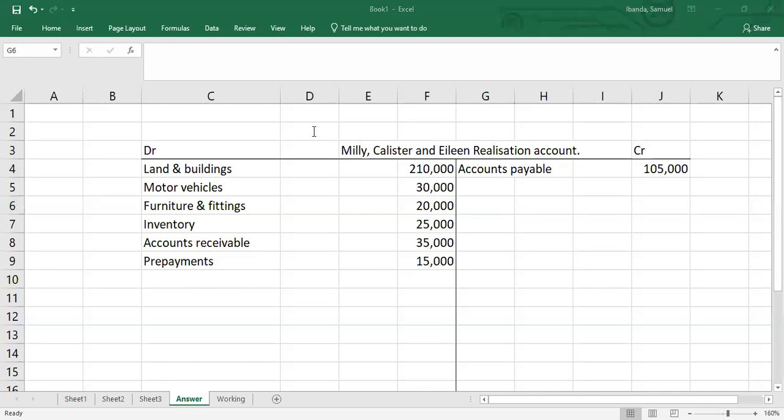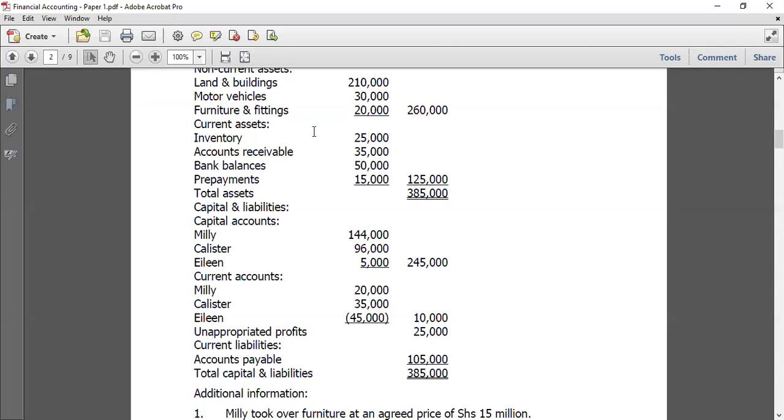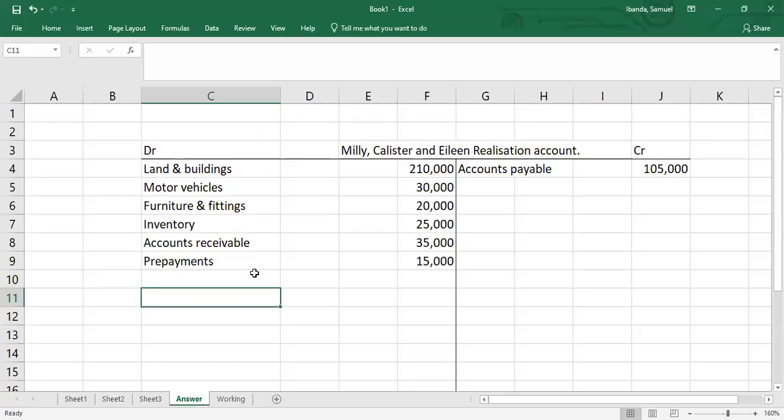So in this case, if they're telling us that this lady so-called Millie took off this furniture at 15 million, what that means is we shall just come here and credit it here, okay? Furniture. Just put Millie here in the bracket.